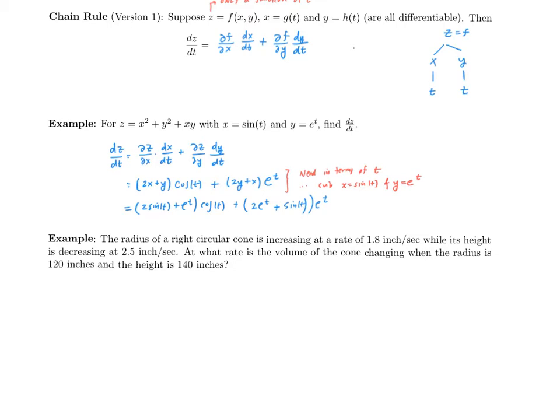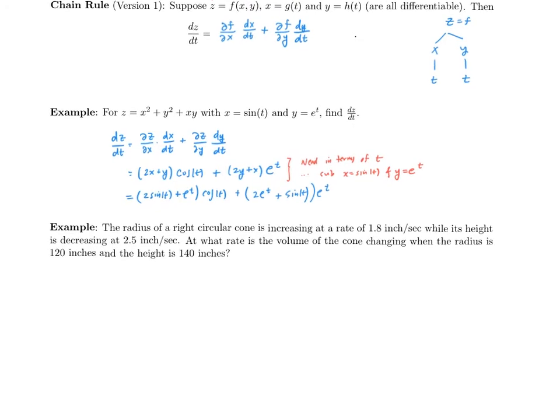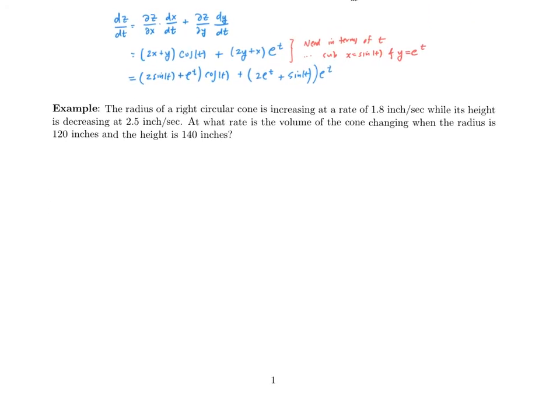So let's finish this first version of the chain rule by looking at one additional example. So consider the following problem. The radius of a right circular cone is increasing at a certain rate while its height is decreasing at another rate. At what rate is the volume of the cone changing when the radius is 120 inches and the height is 140 inches?